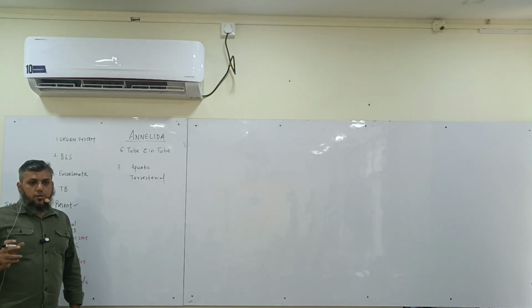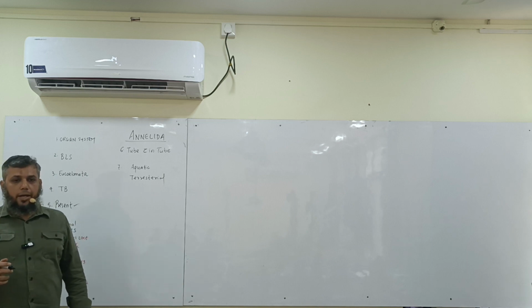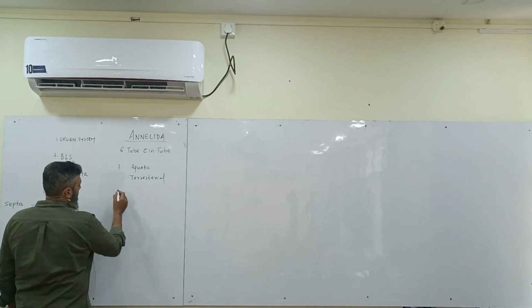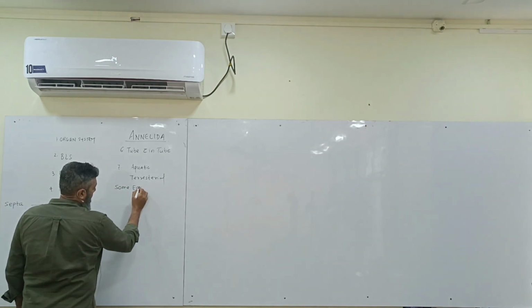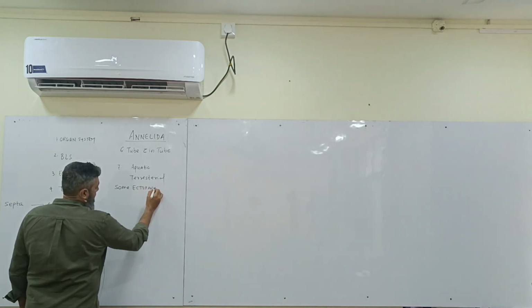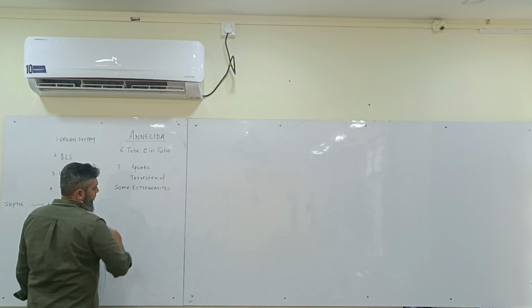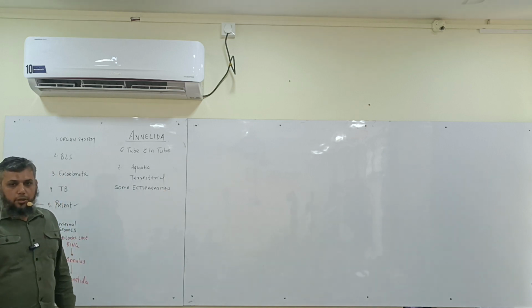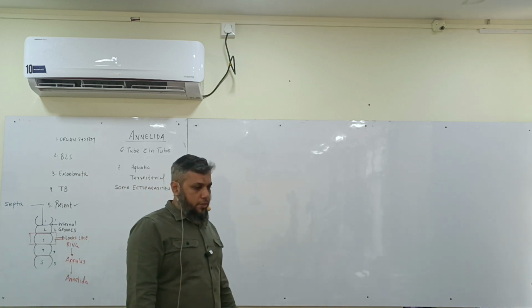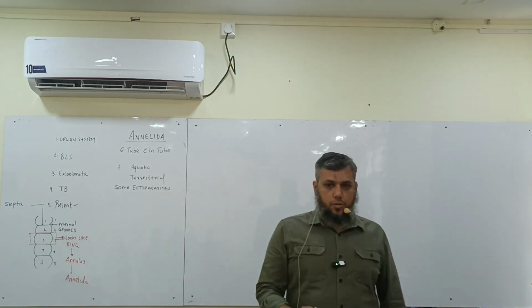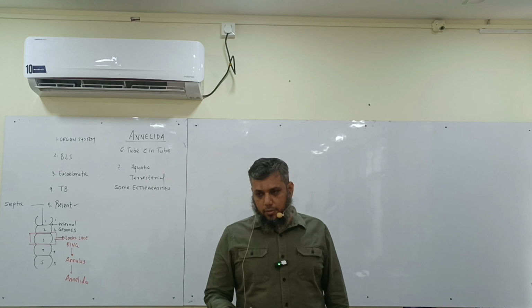Okay. Some of them are ectoparasites. What do you mean by ectoparasites? Give me an example of an ectoparasite. Leech. What does a leech drink? Blood.